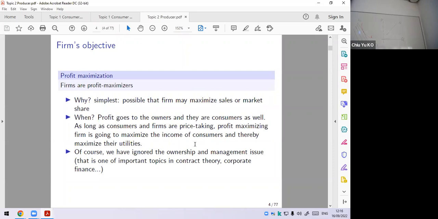Do note that this supply function only exists when we talk about a perfectly competitive market. Later you will see that when we talk about monopoly, oligopoly, Cournot, we don't have this. You will see why: because price and quantity are simultaneously determined in the system.